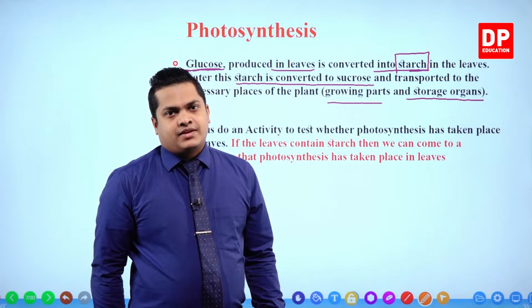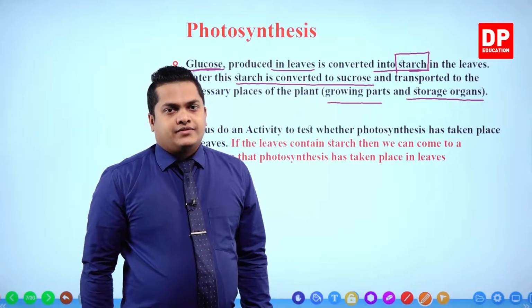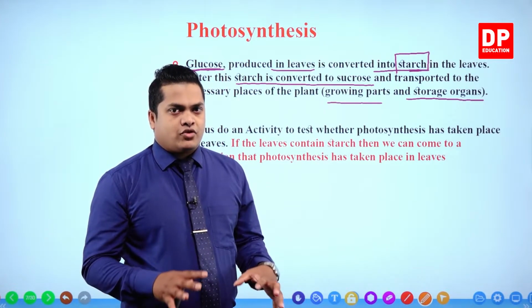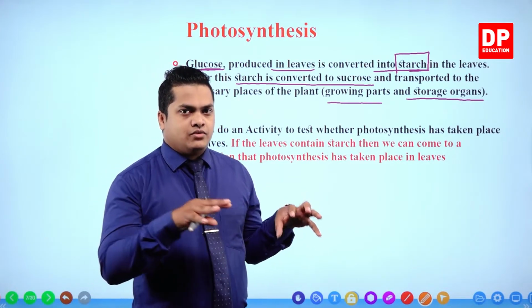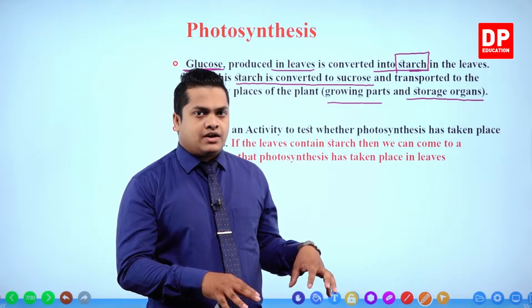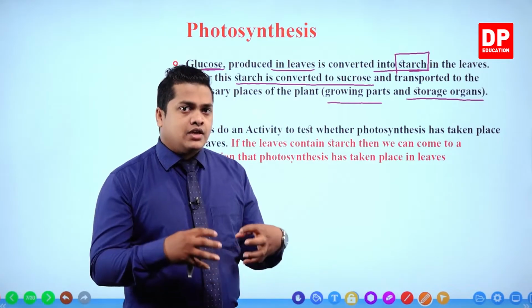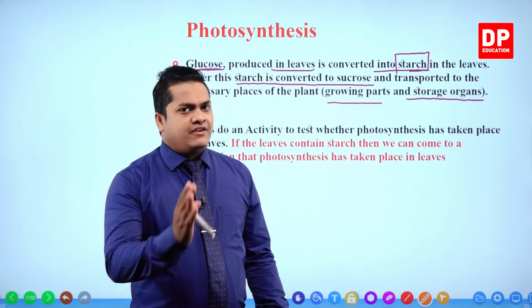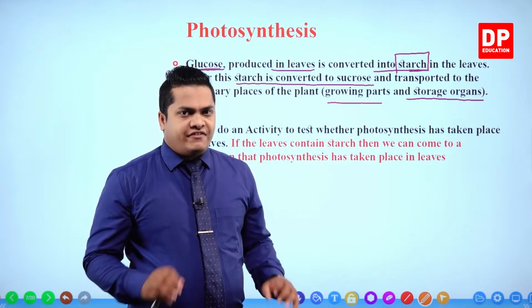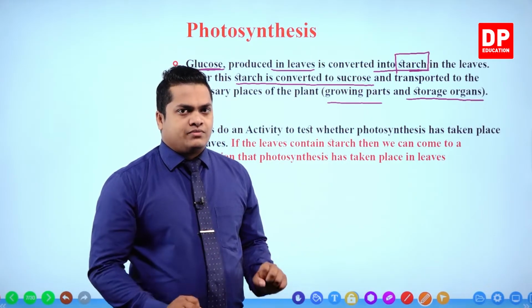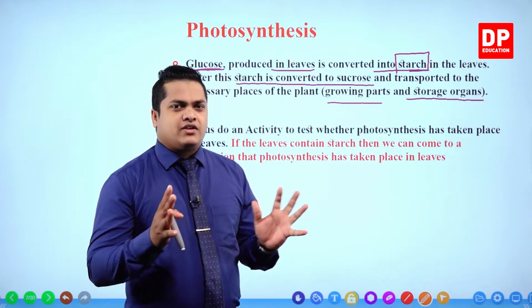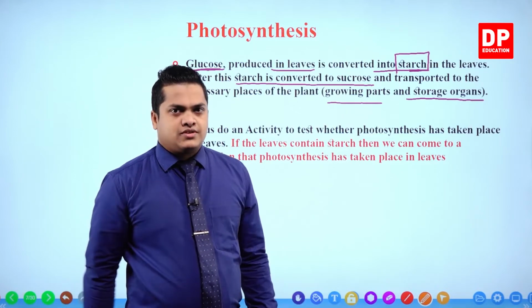So my dear children, here we are not going to directly show that glucose is produced within the plant leaf, but we are showing that starch is produced. If there is starch, definitely there is glucose, because there is no possible way to create starch without glucose.